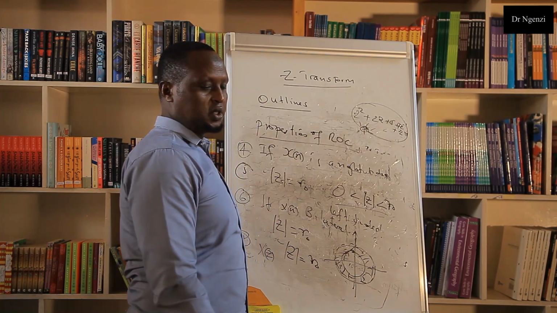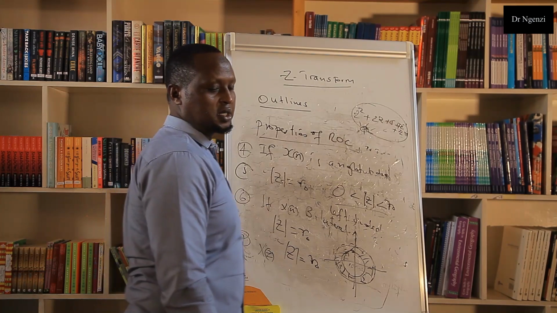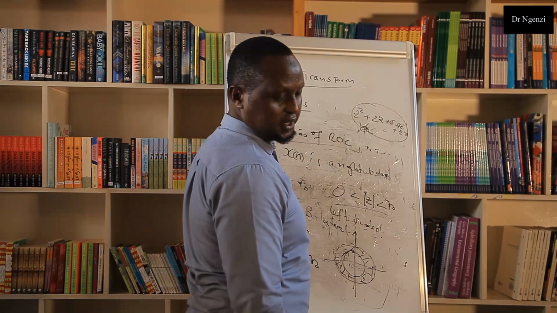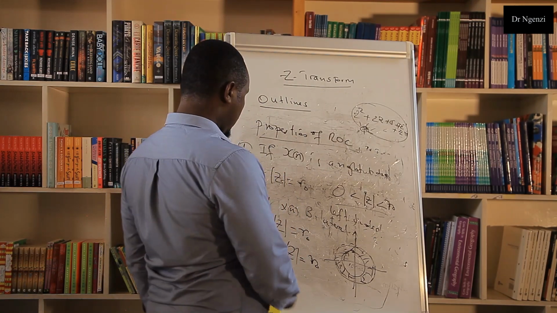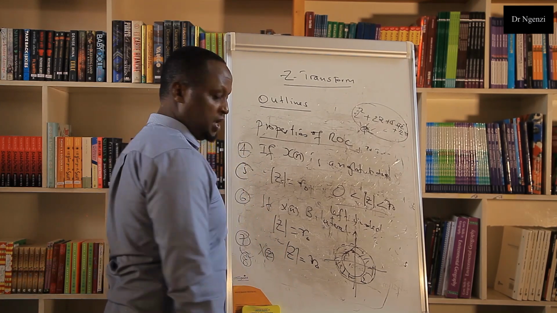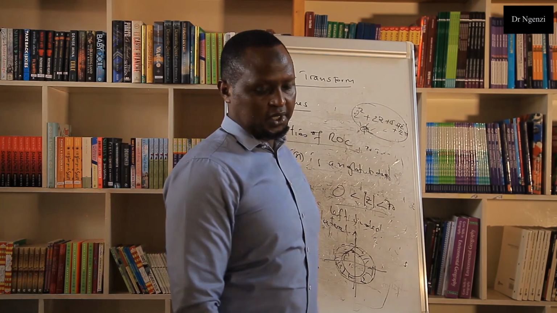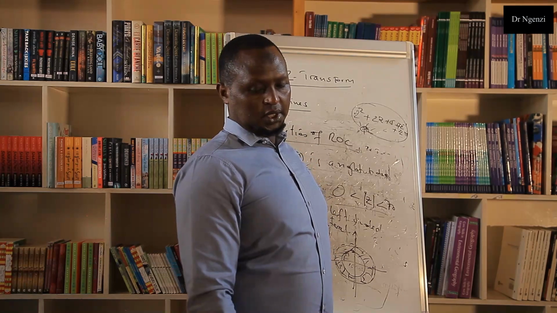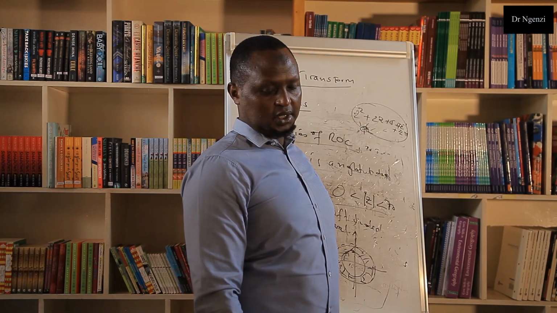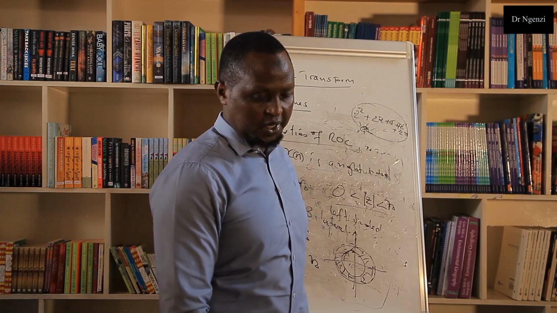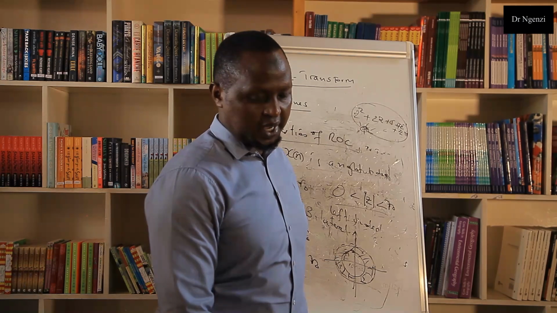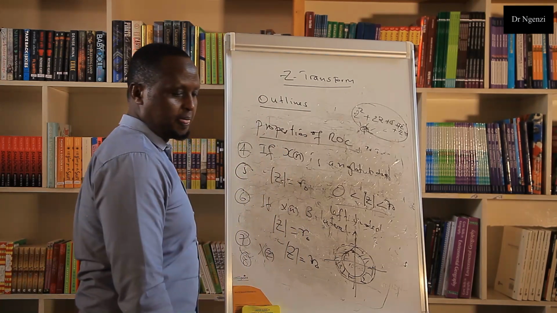So if it is rational, the region can extend to infinity. And property number 8, if the z transform is rational and if x of n is right-sided, then the region of convergence is outside the outermost pole.